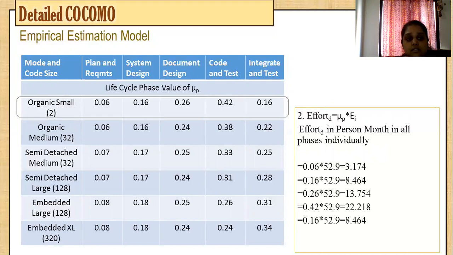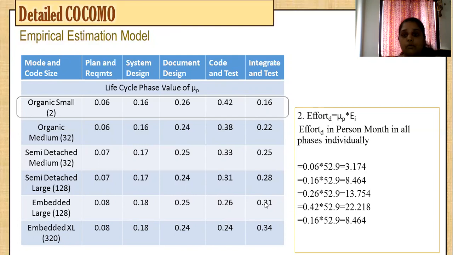So this is semi-detached and medium project of around 32, and semi-detached large around 128. Embedded cannot be medium, embedded has to be large, so it is 128, and embedded extra large, which is 320. And these are the ratings in my planning and requirement stage: system design, detailed design, code, and integrate.